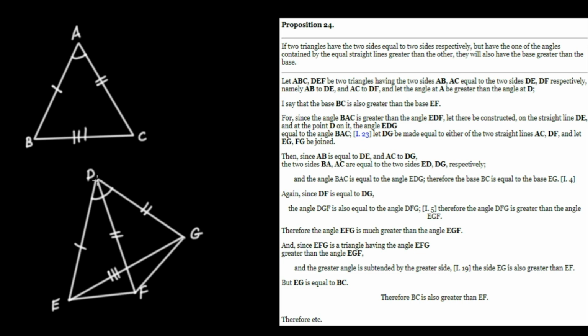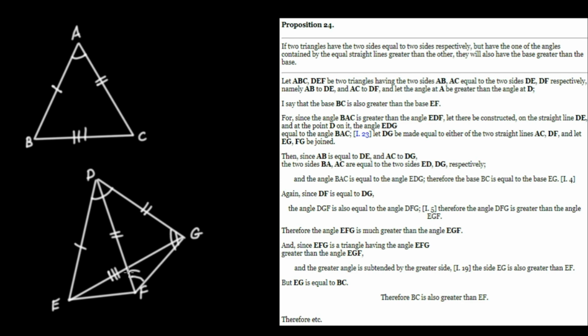Next, we're going to reason a little bit about this triangle DGF over here, which you'll note is isosceles. He says, again, since DF is equal to DG, the angle DGF, which is going to be this angle right here, is also equal to the angle DFG.